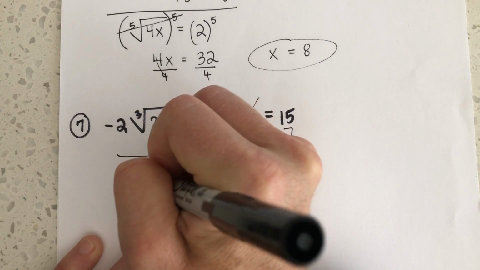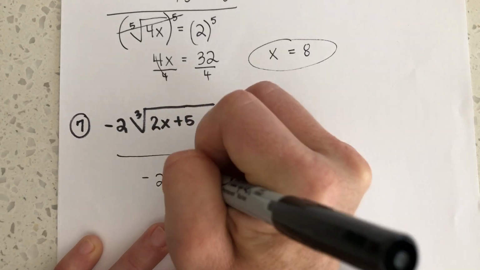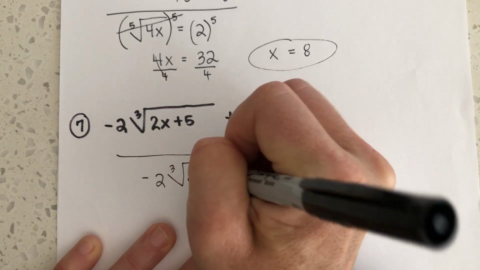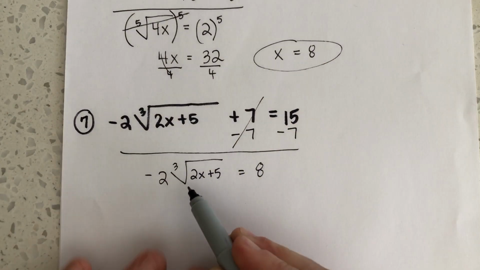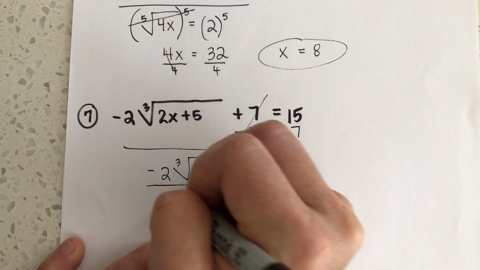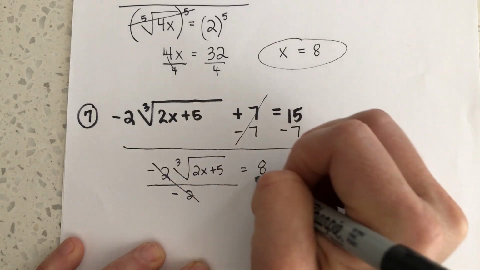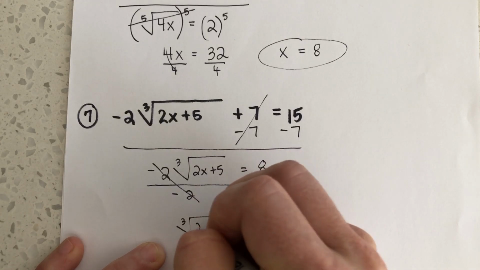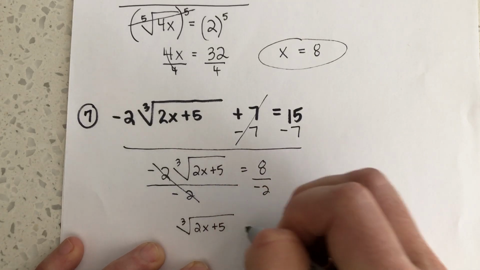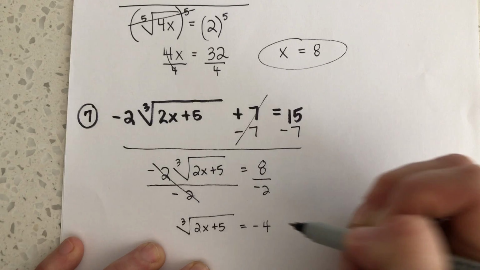Okay, so negative 2 times the third root of 2x plus 5 equals 15 minus 7, which is 8. Now I get the negative 2 away, so divide him away since he's attached by multiplication. And now you are left with the third root of 2x plus 5 has to equal negative 4.